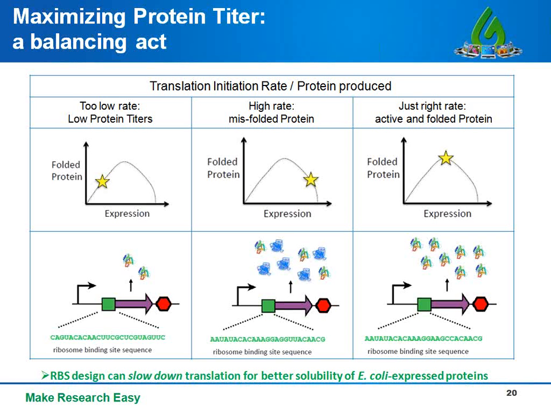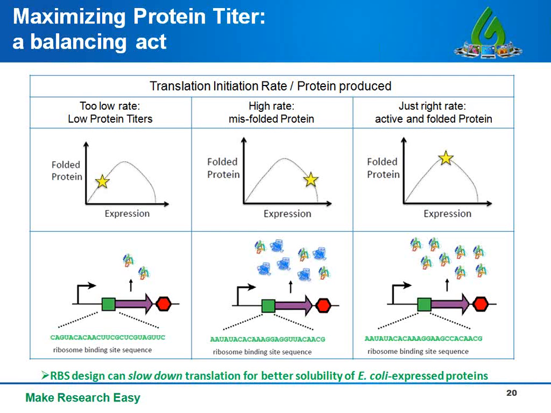However, if you try to improve that by just increasing your translation initiation rate, you may get very high levels of translation, but that may clog the machinery for folding the protein properly. So you may end up with a lot of improperly folded protein, and again, not really seeing an increase in your titers of properly folded soluble protein.